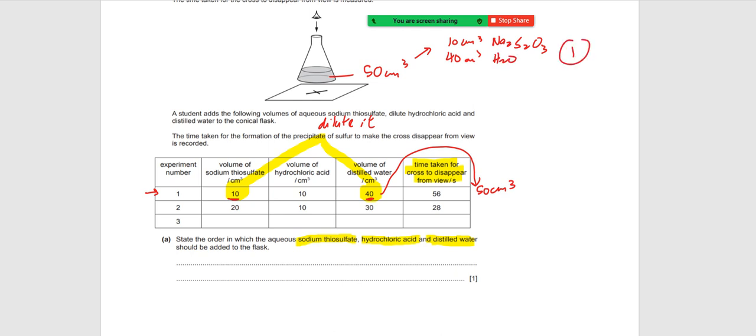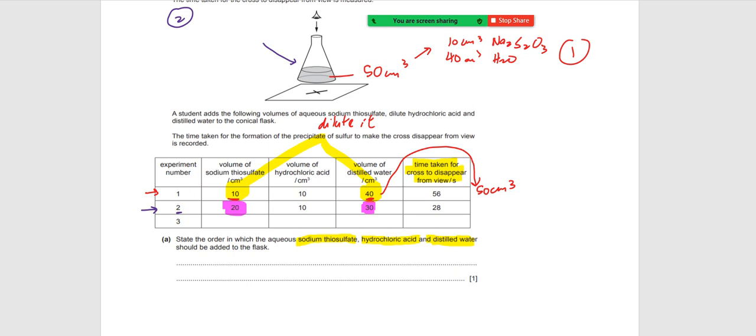Okay. Then when you do experiment 2, now experiment 2 is more concentrated or more diluted? Hello. Experiment 2 is more concentrated or diluted? Seriously, come on, look.